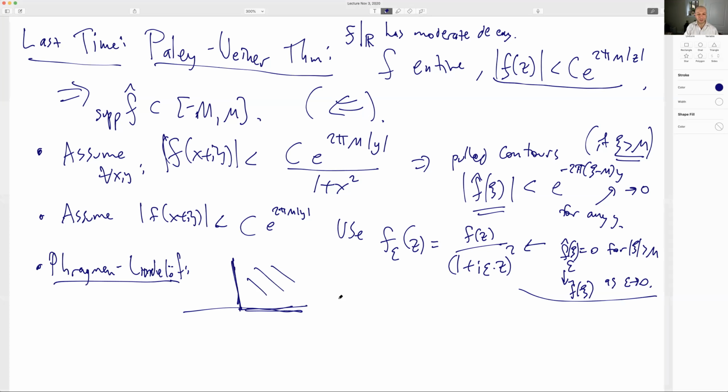But in a sector like this, if, let's say, big F on the positive reals is bounded by 1, and big F on the positive imaginary line is also bounded by 1, I would like to conclude that F is everywhere bounded by 1 in the interior. Let's call this S. This is on all of S, but it's simply not true. It's simply not true unless I make one extra assumption.